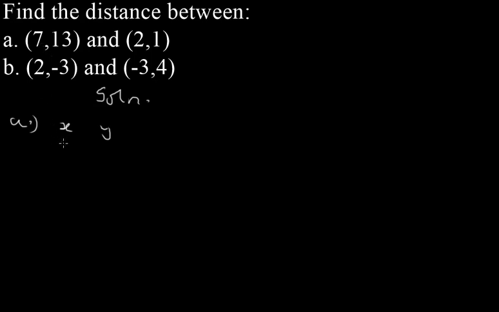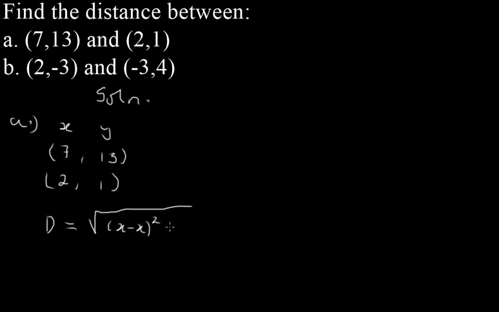For the first one, we've been given 7, 13. And for the second one, we've been given 2, 1. And to find the distance, we agreed that distance is simply equal to the difference in the x coordinates squared plus the difference in the y coordinates squared.